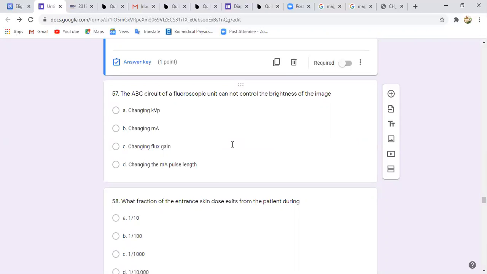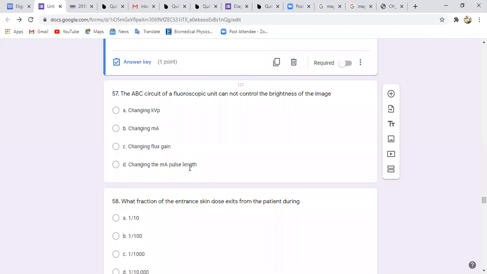The ABC of this system actually affects the mAs or mA, as the case may be, and the kVp. The pulse length only matters when we are looking at a pulsed system instead of a continuous mode of operation.